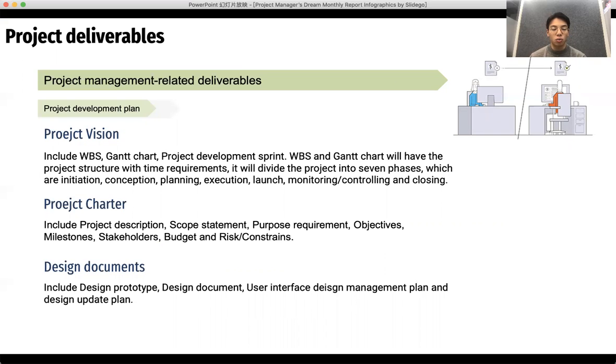The project charter would include project description, such as the scope statement, proposal requirements, objectives, milestones, stakeholder identification, and budget and risk constraints. Also, the design documents will include the design protocols, design document, user interface design management plan, and design update plan.